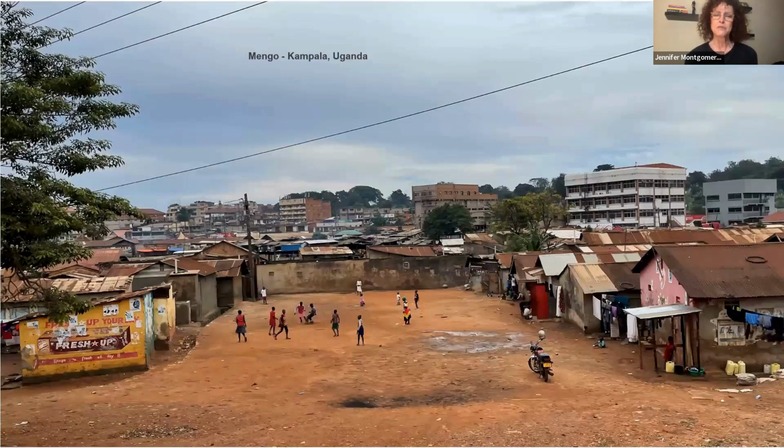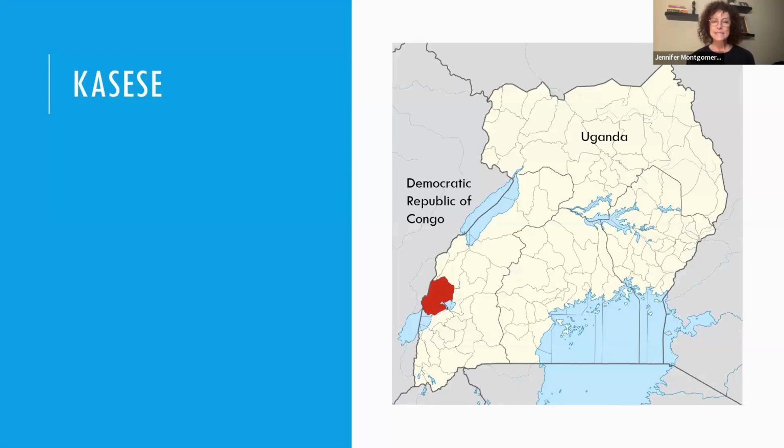This is a picture of the informal settlement in Mengo and just a general snapshot of what it looks like. Kasese, as I mentioned, you can see it's right on the border with the Democratic Republic of Congo.